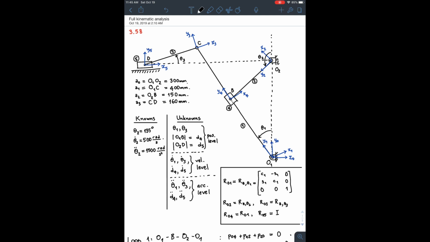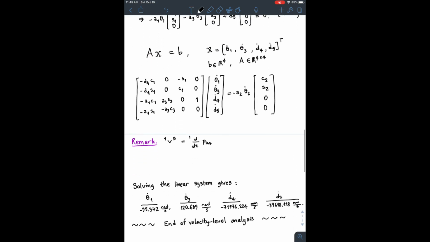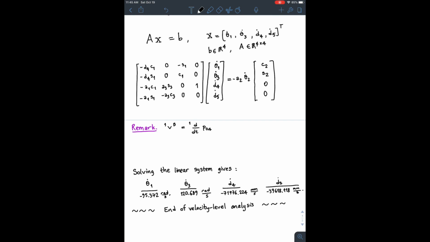And then we're taking the derivative of that vector in frame 1. So it exactly fits our definition. So we can call the d/dt in 1 of p04 the velocity of the point B in frame 1. I'm just doing this so I can write VB in 1 in our equations and simplify the appearance of the equations.